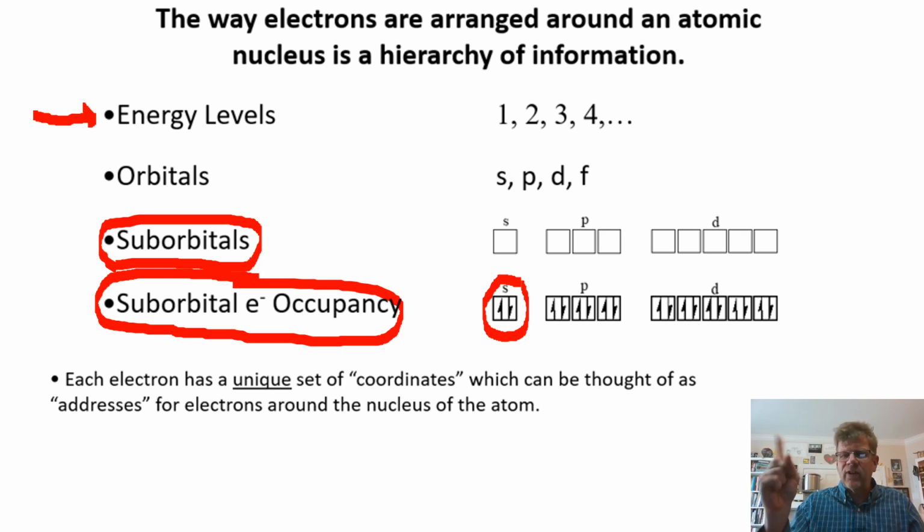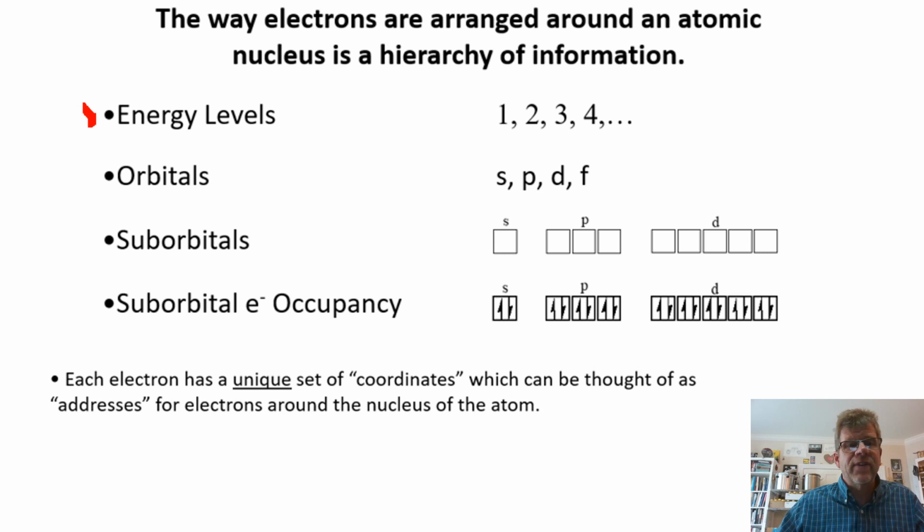That doesn't mean one electron is spinning like a top in one direction or spinning like a top in another direction. It's a quantum mechanical designation, but what it ultimately means is that the electron here on the left-hand side is different than the electron on the right-hand side because they have two different spins. We are not, as a class, going to be getting into describing specifically what spin is, but rather to use a spin up or a spin down that separates the two electrons into two different sets of coordinates.